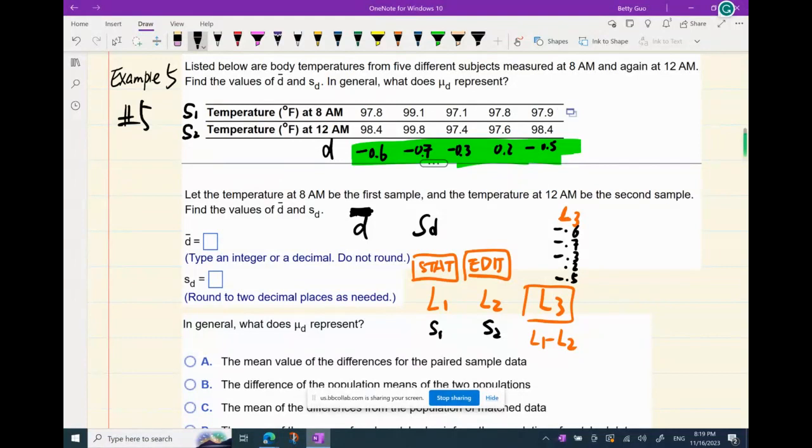My point here is you do not have to manually calculate those differences. Sometimes it's convenient, like this one is not that difficult. Sometimes not convenient. You don't have to. As long as you enter L1 and L2, the calculator can do L1 minus L2 for you.